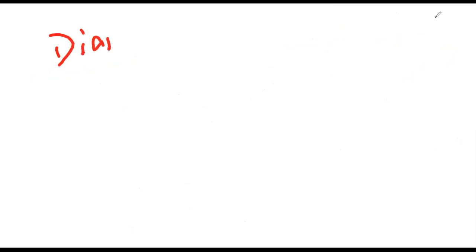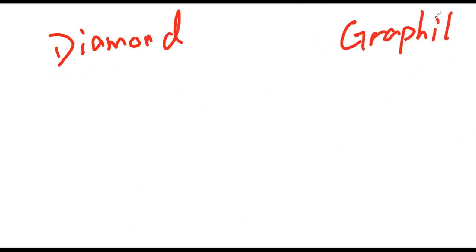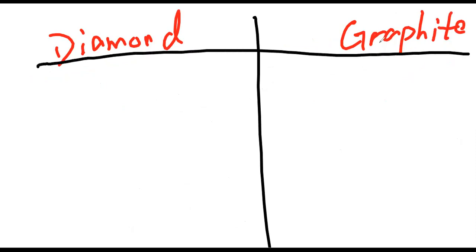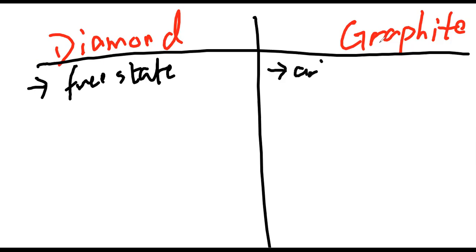Diamond, graphite. Diamond occurs naturally in the free state. But graphite can also be manufactured artificially. We cannot make diamond artificially.